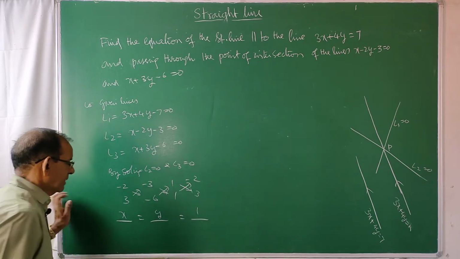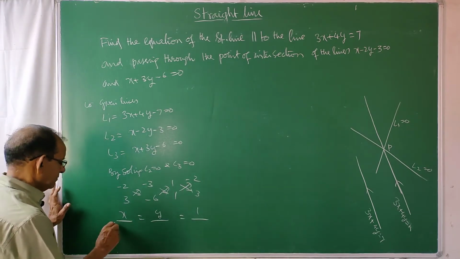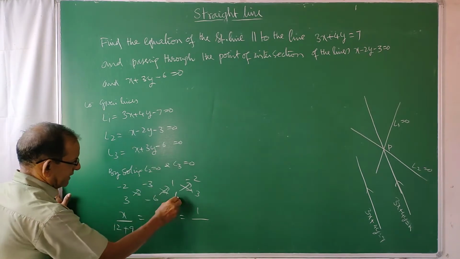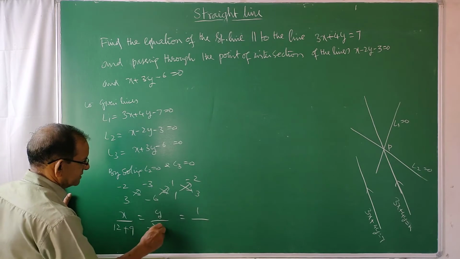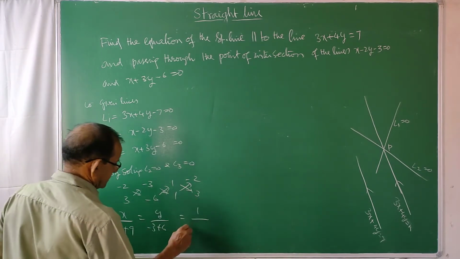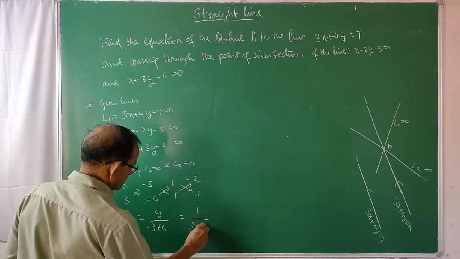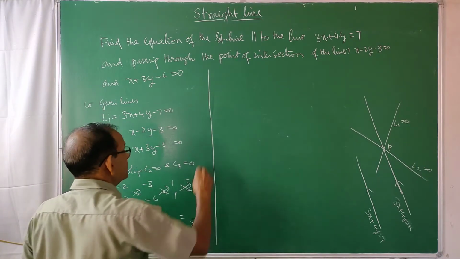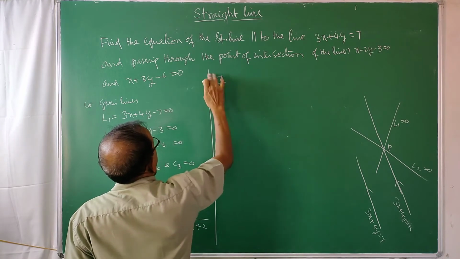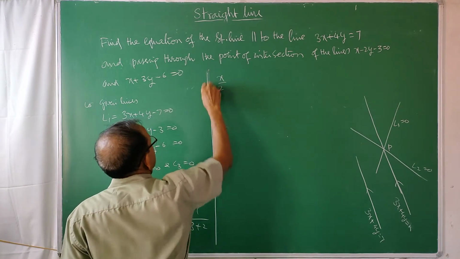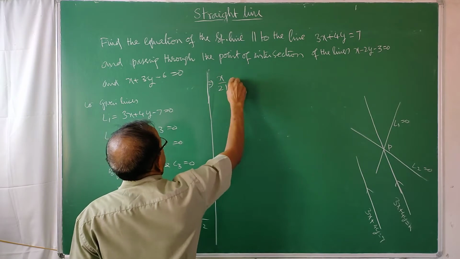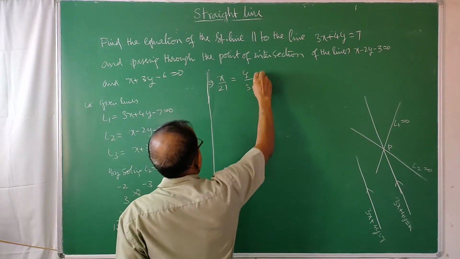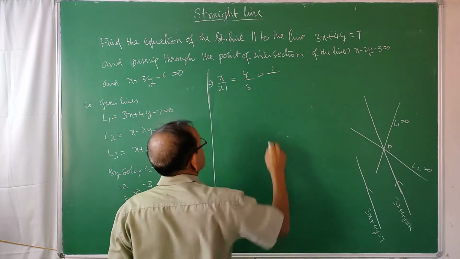Minus 2 into minus 6, 12, minus minus 9, plus 9, minus 3 minus minus 6, that is plus 6. This is 3 minus minus 2, plus 2. So that implies x by 21 is equal to y by 6 minus 3, that is 3, is equal to 1 by 3 plus 2, 5.